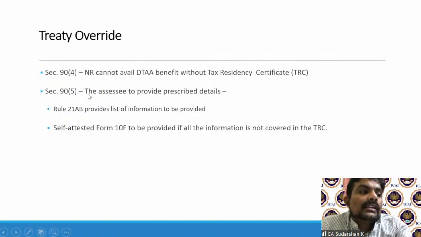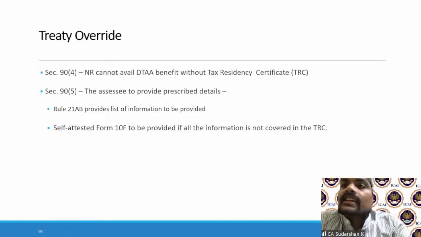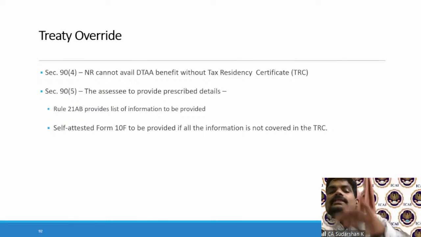And not only that, section 95 also came into the provision, because a lot of these tax havens like Mauritius were ready to give tax residency certificates. No real substantive activities were happening, but people were just getting the tax residency certificate and saying, look, I'm a tax resident of Mauritius.